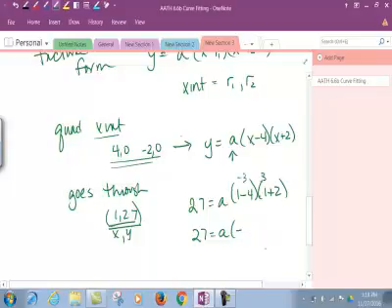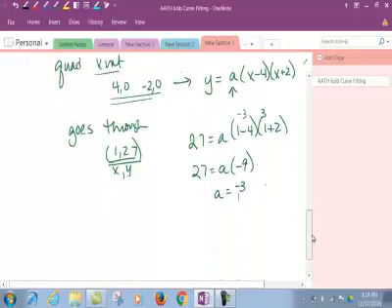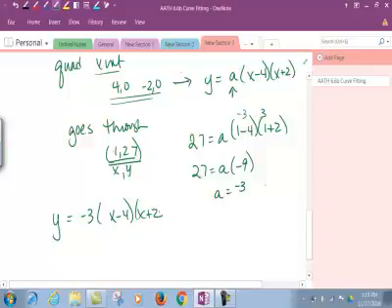Negative 3 times 3 is negative 9, and so a turns out to be negative 3. So the factored form of the parabola that has the two x-intercepts of 4 and negative 2 and goes through (1, 27) is y equals negative 3(x minus 4)(x plus 2).